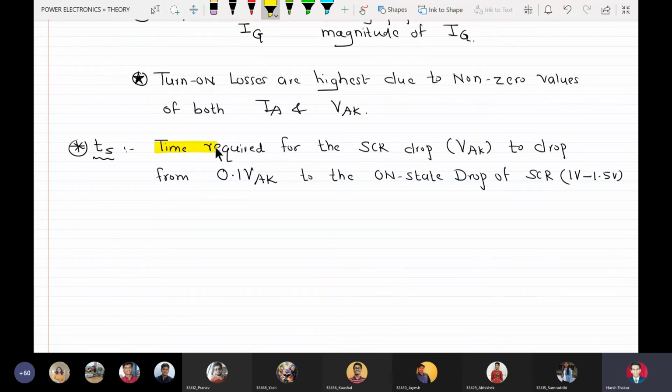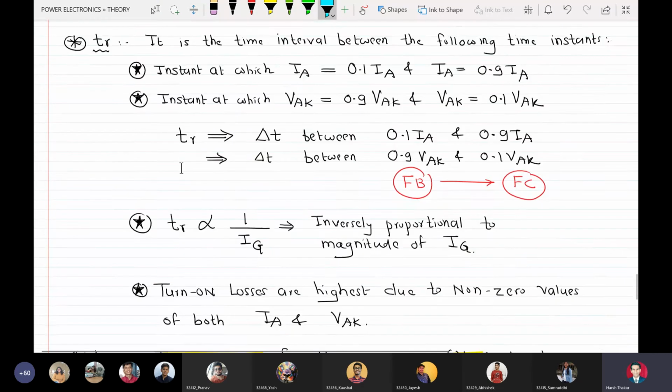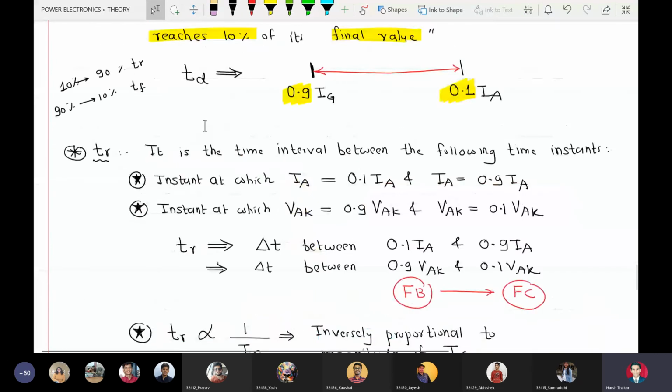So it's the time required for SCR drop VAK to drop from 10% of its initial value to 1 to 1.5 volts.